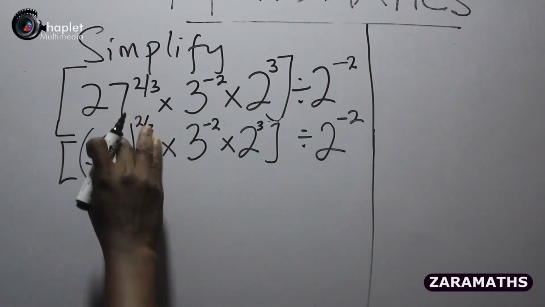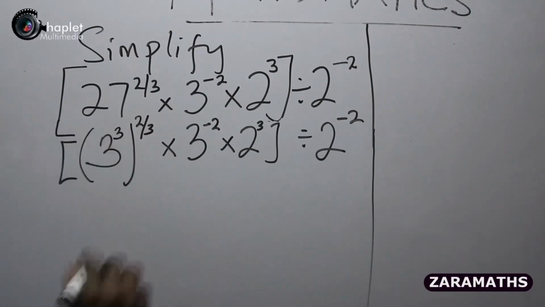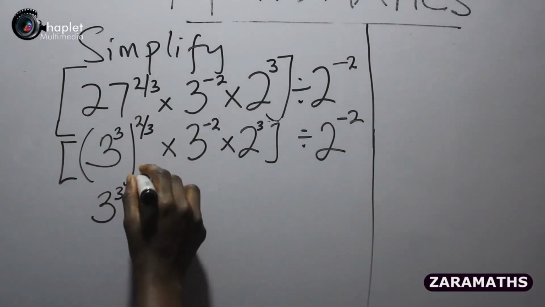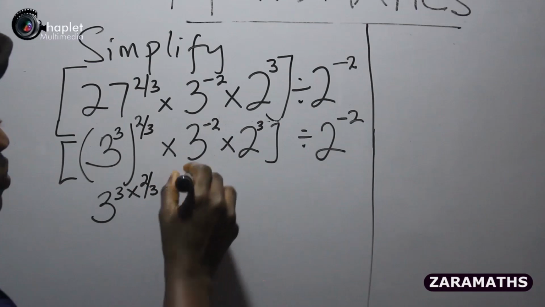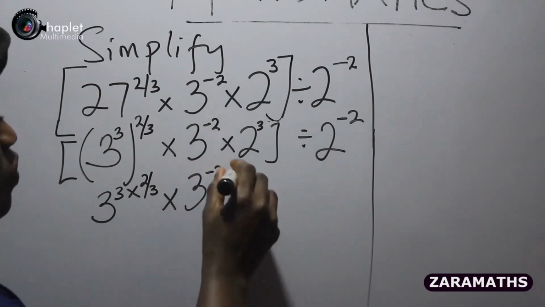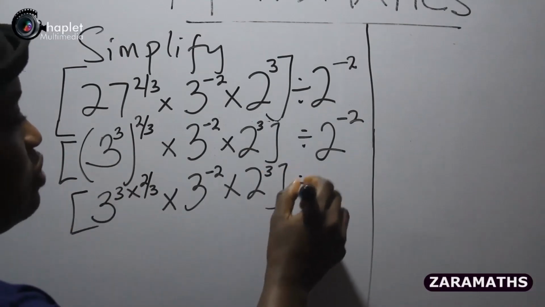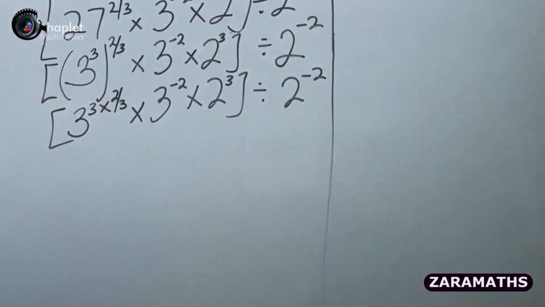If you apply the bracket with index, this becomes 3 raised to the power of 3 times 2 over 3, times 3 raised to the power of minus 2, times 2 raised to the power of 3, all in brackets, divided by 2 raised to the power of minus 2.